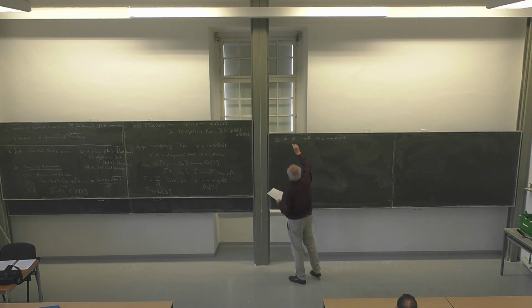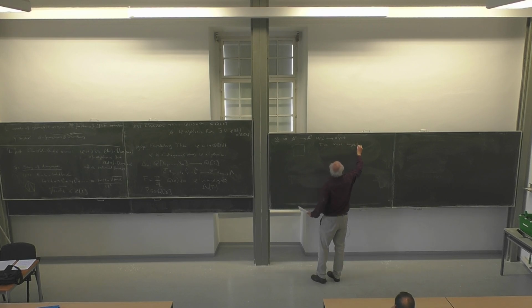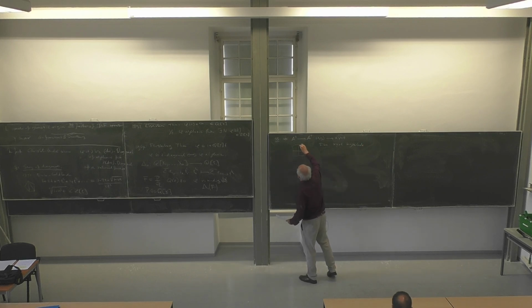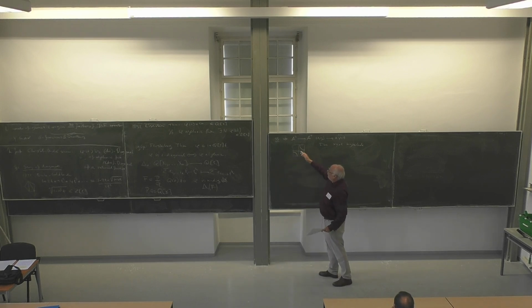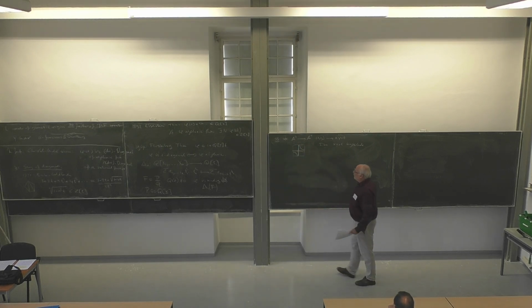So now I want to think geometrically of this. Mapping from the plane to the line, and the fiber is a hyperbola. And for t equals 0, this hyperbola degenerates into these two coordinate axes.